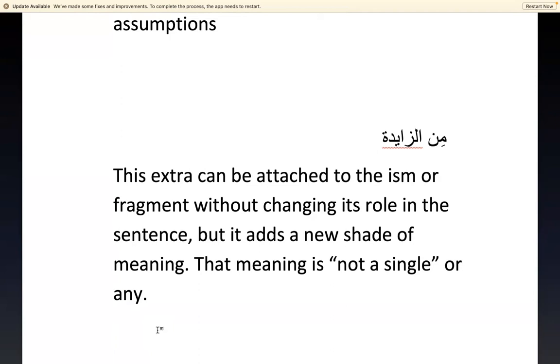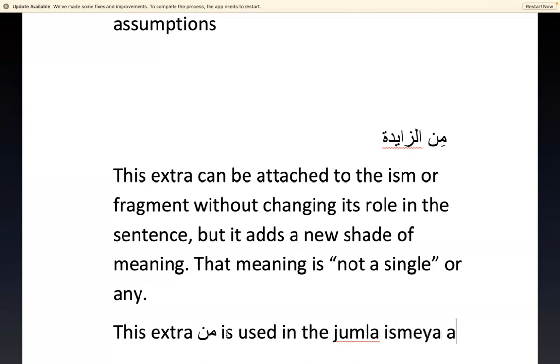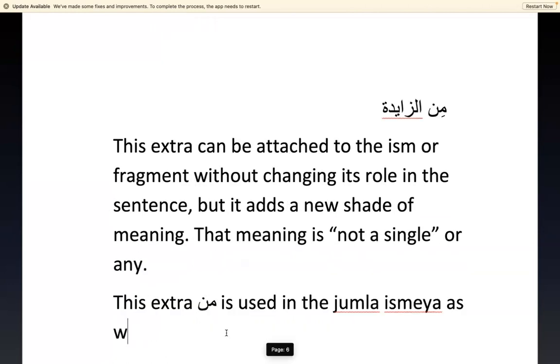So this min is always this extra min, min zaida. It is used with the jumla ismiya as well as in jumla fi'liya.